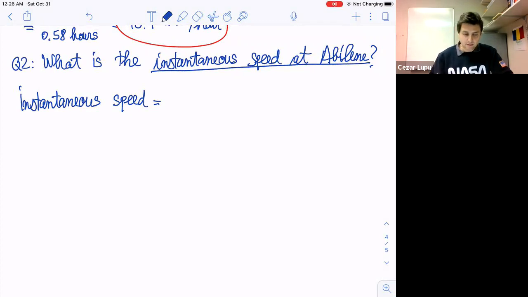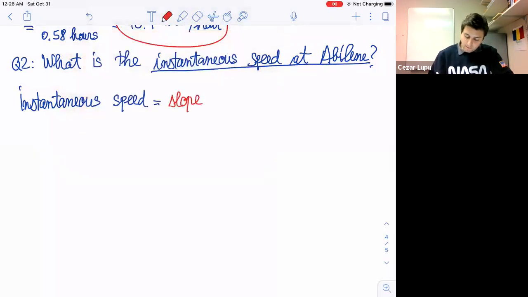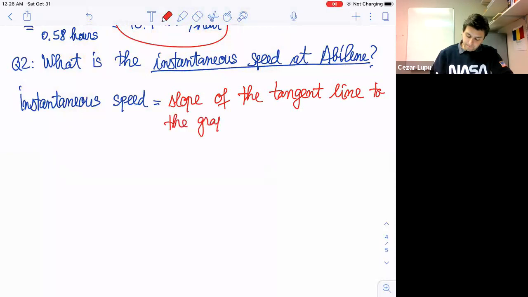So this is nothing else than the slope. In fact, let's rewrite this in a different color. The slope of the tangent line to the graph at A. When I say A, I mean Abilene.